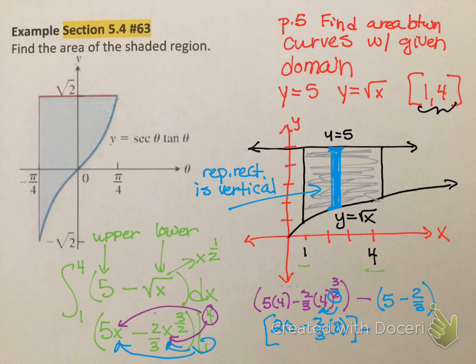Five minus 2/3 is 13/3. So this is 20 minus 16/3. I'm going to finish up here. 20 minus 16/3 is 44/3. Minus 13/3 is 31/3 square units.